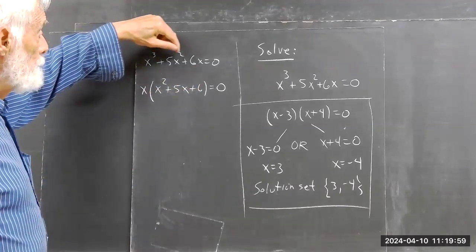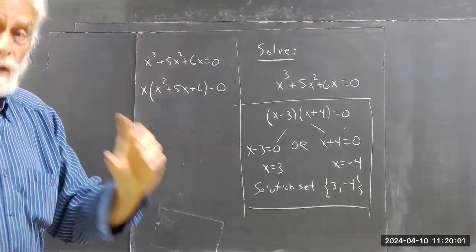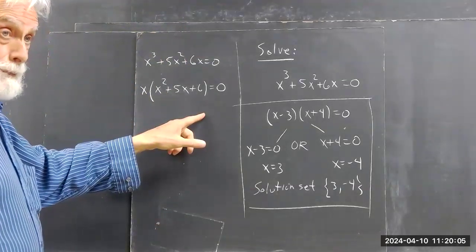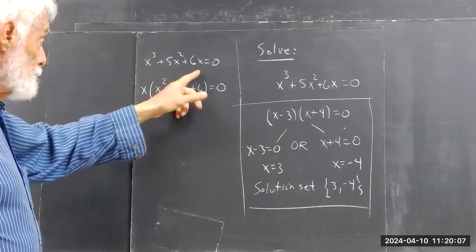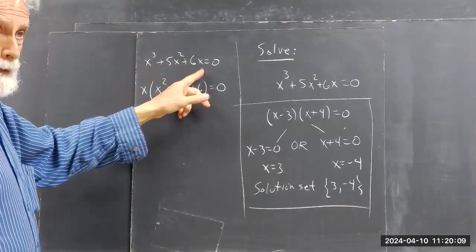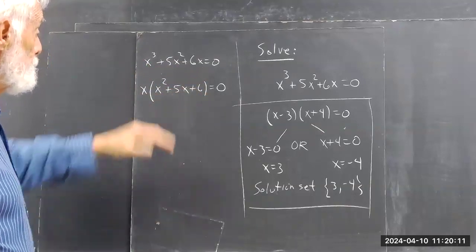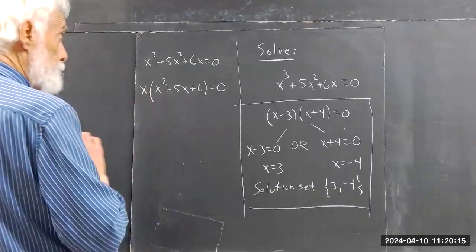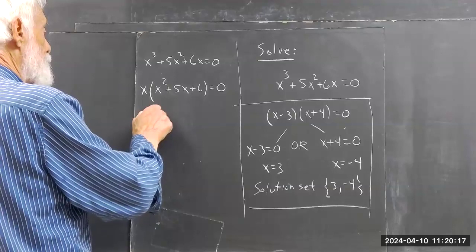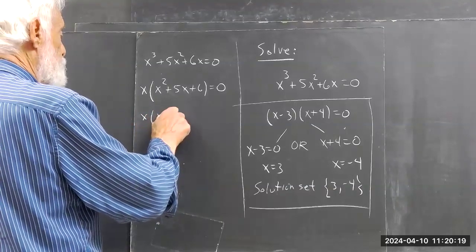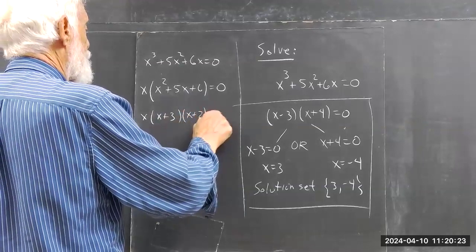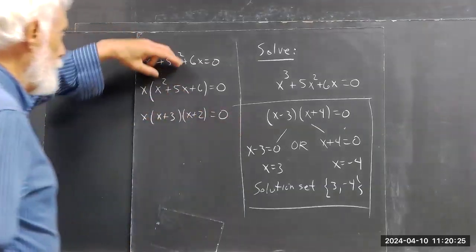Every one of these terms has at least an x, at least the first power of x, so we can always see to do this. And we have to look at it, okay? Because once you've done this, you simply factor this expression. Now, of course, that can be a challenge also because we've recently experimented with factoring these things.